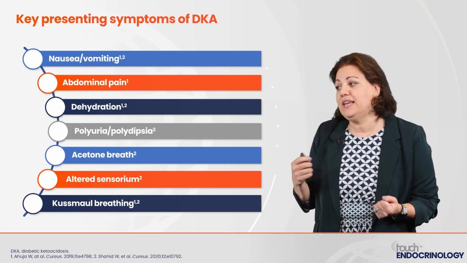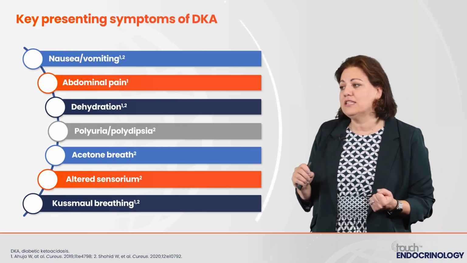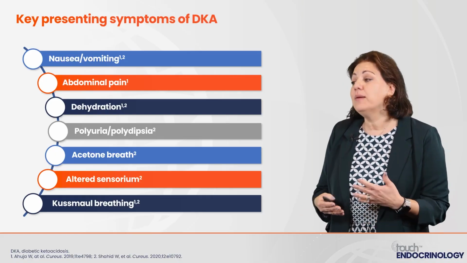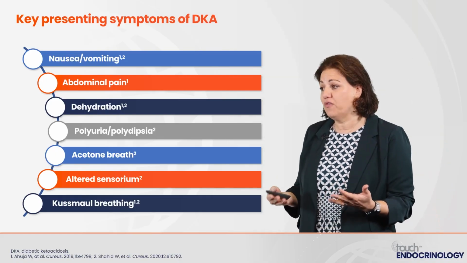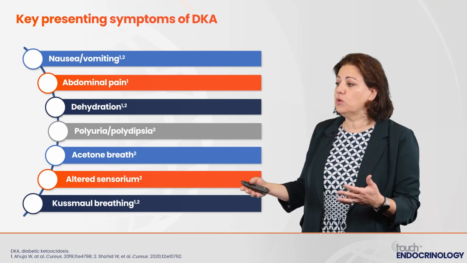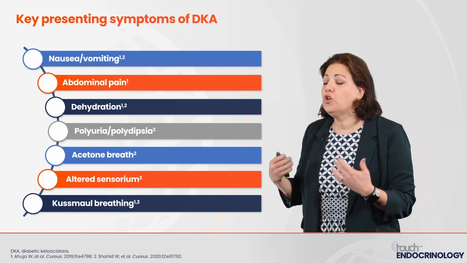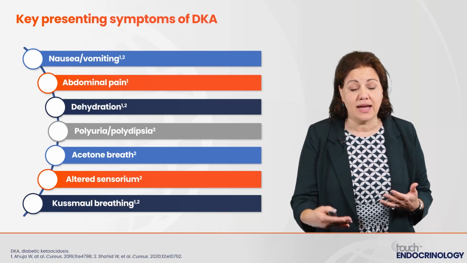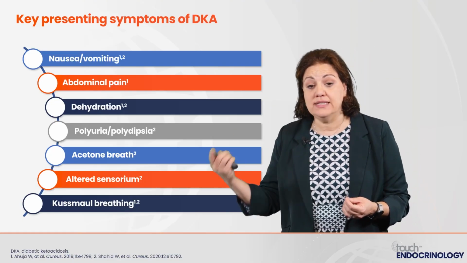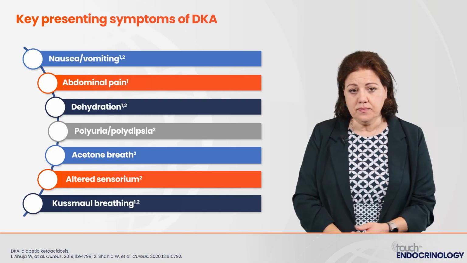Now, often in pediatrics, we find many kids present in DKA with nausea and vomiting. And oftentimes, families may stay home thinking that their child has a GI bug. It's nothing to worry about. But in truth, nausea and vomiting in anybody with diabetes should be an instance where we're thinking about whether or not DKA can be presenting.